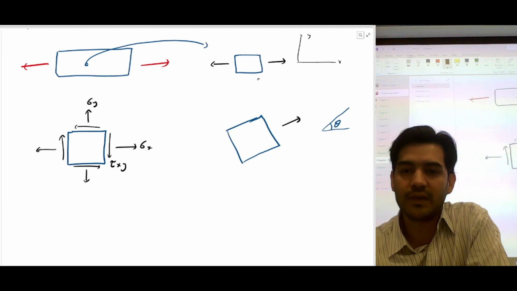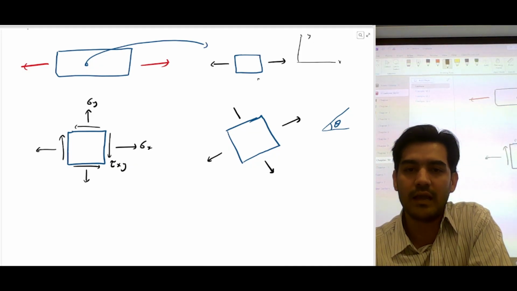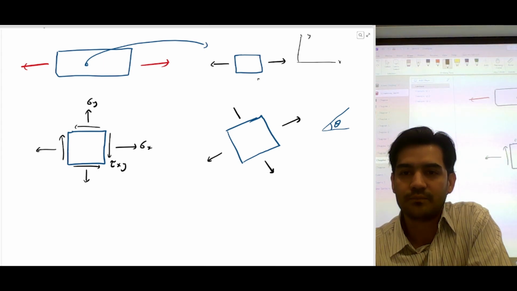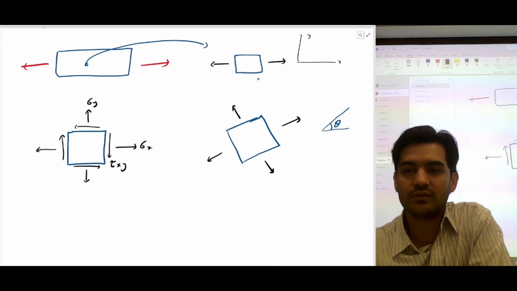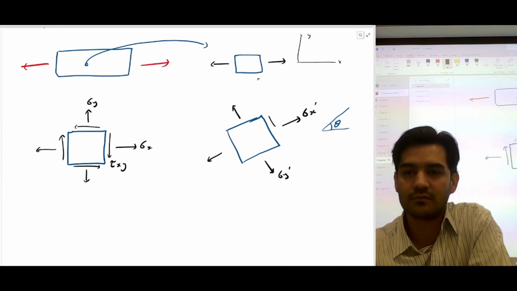Maybe it will increase, maybe it will decrease. We don't know yet; we have to use the equations to know. And maybe it will be in tension, maybe it will be in compression. In this case, I have written the updated stresses because of the rotation.